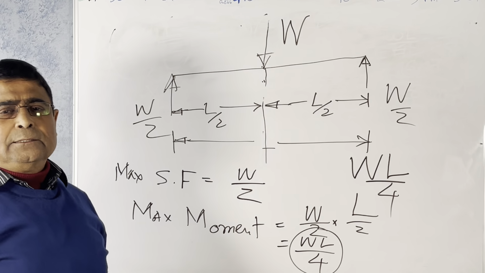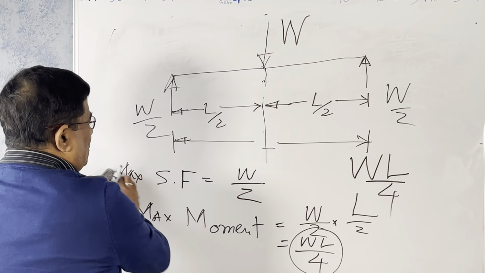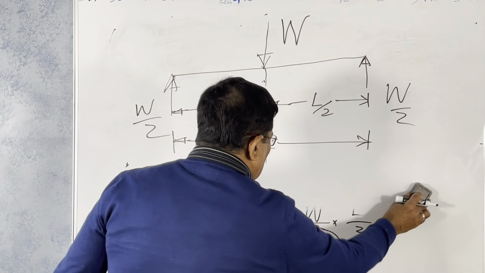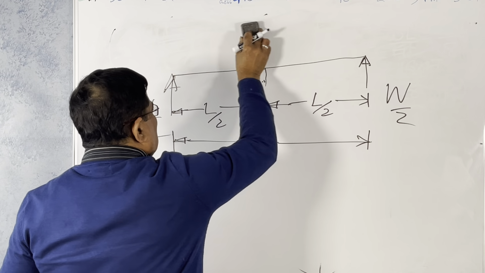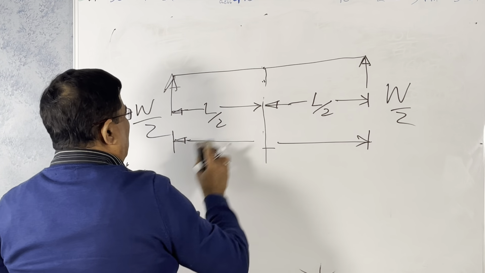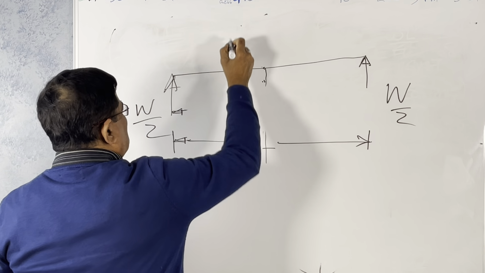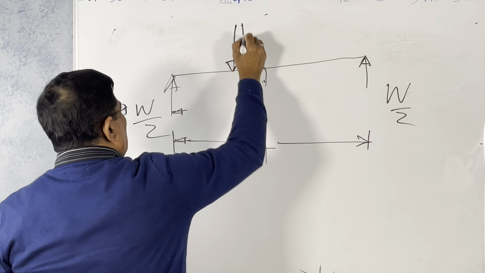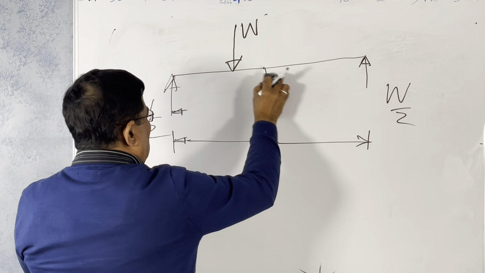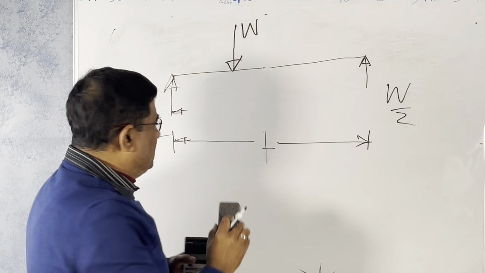Always remember that when a concentrated load is there. Suppose you have a concentrated load not at the middle, but somewhere here. These are the formulas you have to remember. It helps.